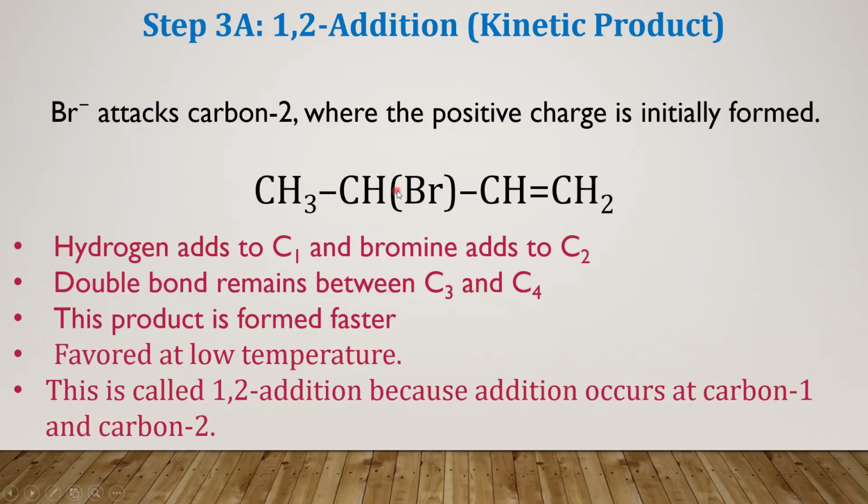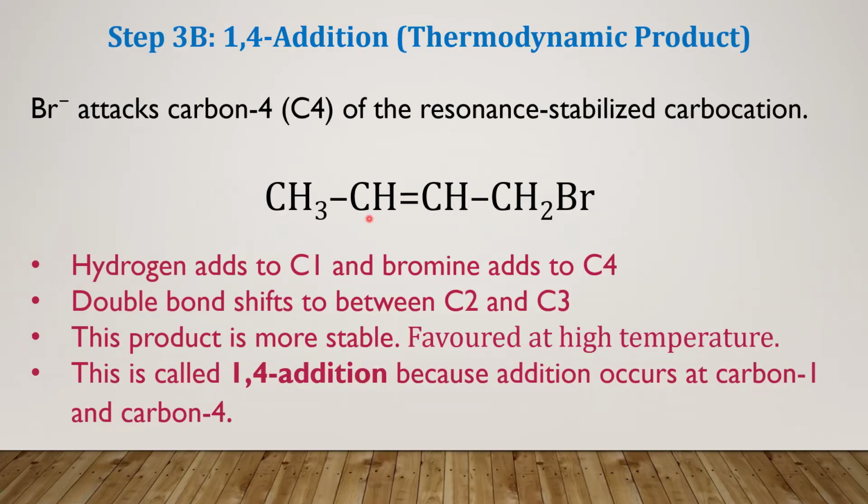This product formation is very fast, and this type of reaction is called 1,2 addition because the addition has taken place at the C1 and C2 positions. This 1,2 addition is always favored by low temperature, and it will be faster. So it is the kinetically controlled one.